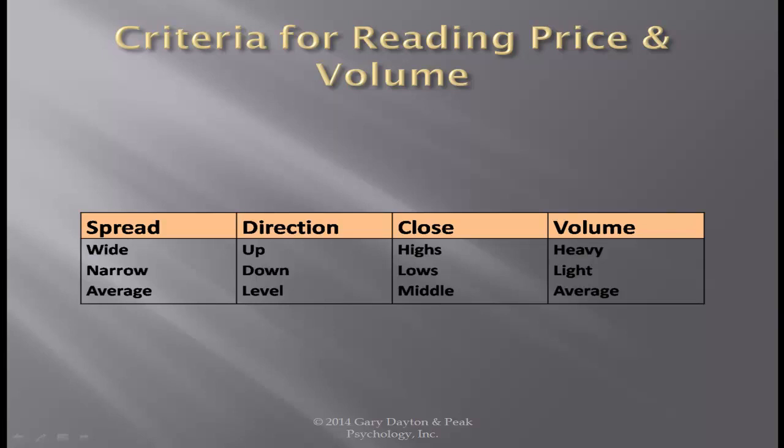Okay, the direction is up. If the current close is below the close of the last bar, then it's a down bar. And if it's about the same, within a tick or two, then I would call it a level bar. Okay, direction not moving much.